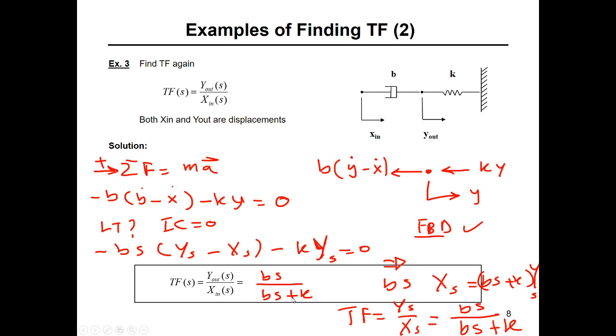Here also a first order system. First order systems always have a similar behavior. Keep this in your mind. We'll talk about the analysis of the system response in chapter 8, inshallah.